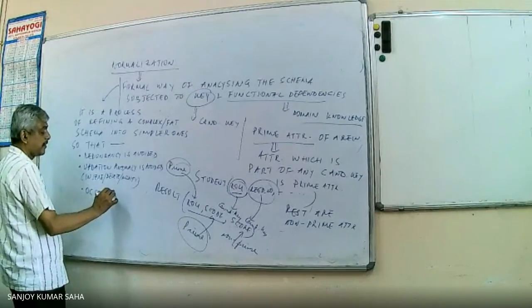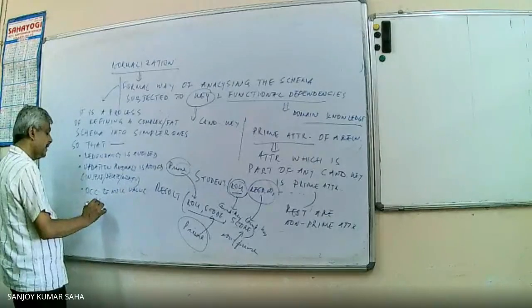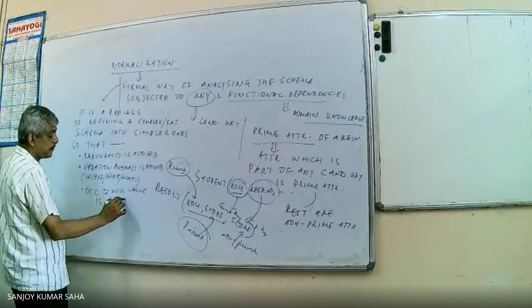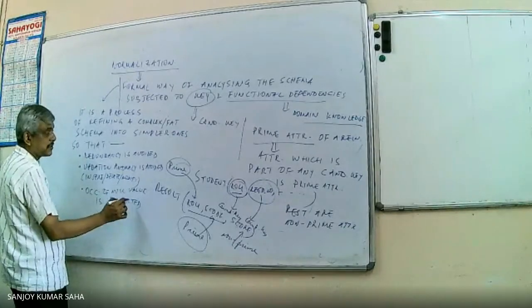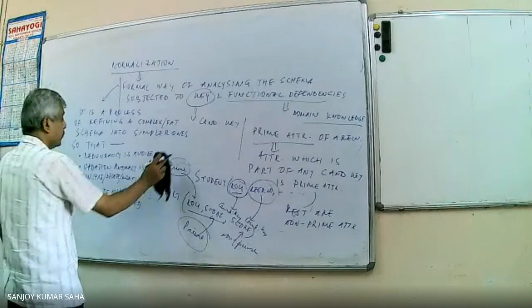Occurrence of null value is restricted. So those are the goals, and we'll add on two more goals.